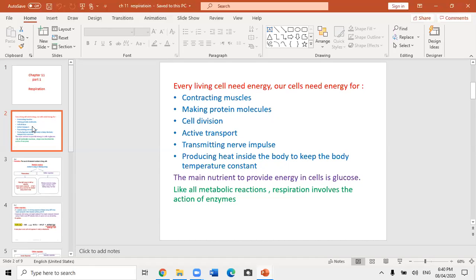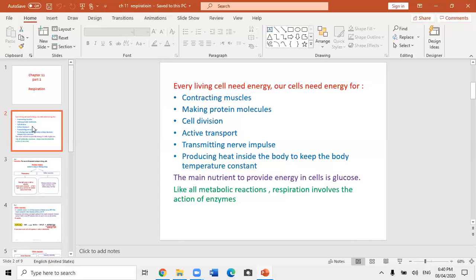For active transport also we need energy, as you know, since molecules will be crossing against their concentration gradient. And this part about active transport, we have also explained previously when we talked about passive and active transport. Also, you should know that we need energy for transmitting nerve impulses, so that we can transfer information quickly from one part of the body to another. And this is the job of our nervous system.